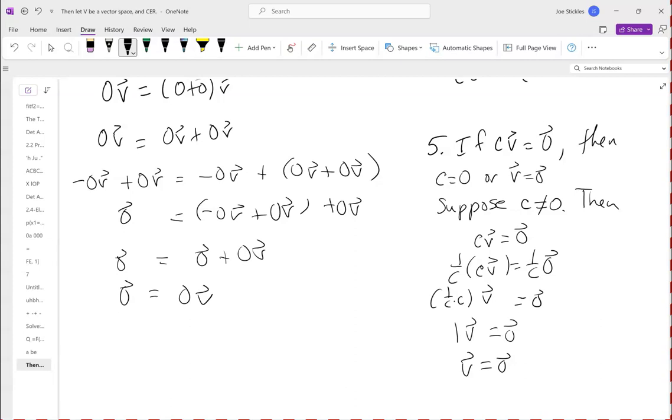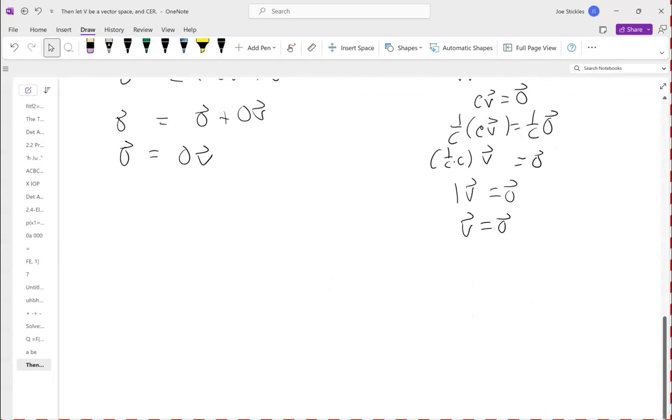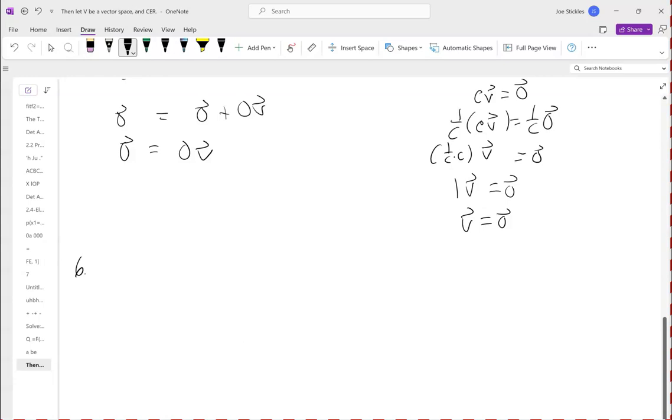One last one that they do in here. They tell you that if I do the additive inverse of the additive inverse of V, what should you get back to? V, yeah. There's not a lot to prove here. Just talk through it.